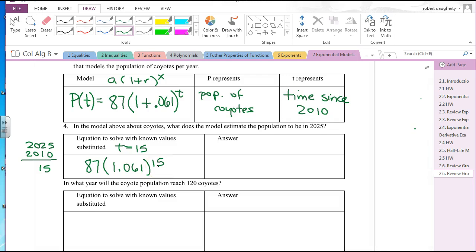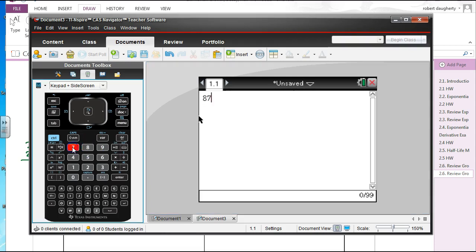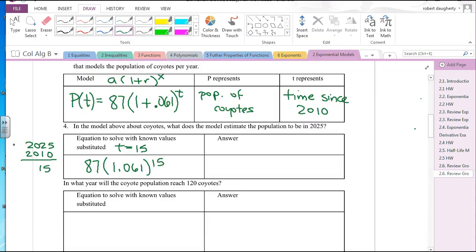So I just need to figure out 87 times 1.061 to the 15th power, which is 211.471. So that is about 211 coyotes in the year 2025.